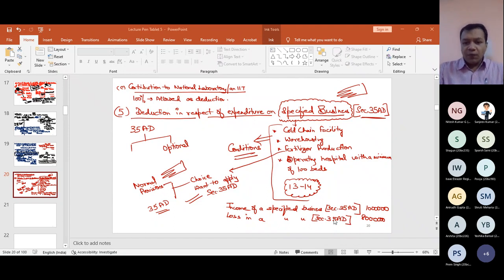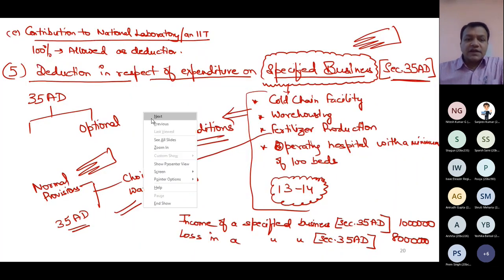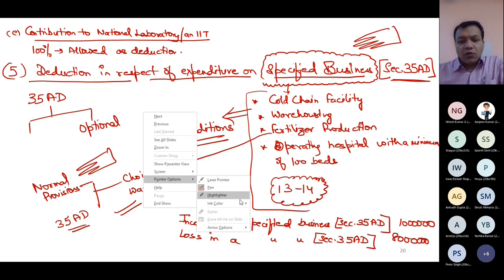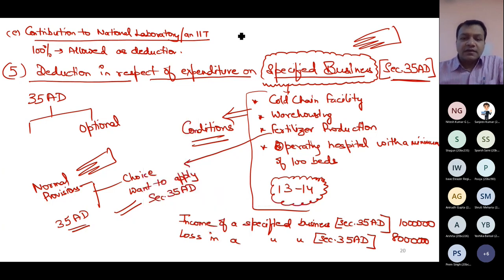Okay, now just one more point which you need to remember. This deduction of 35 AD is not allowed when the assessee has opted for optional taxation scheme. 35 AD deduction is not available when the assessee has opted for optional taxation scheme of section 115 BAC.